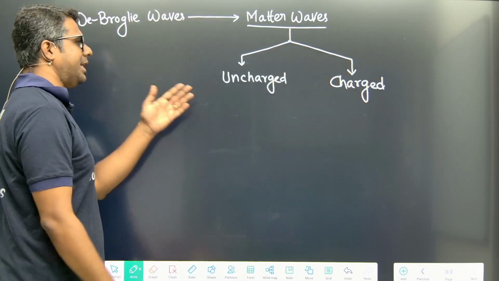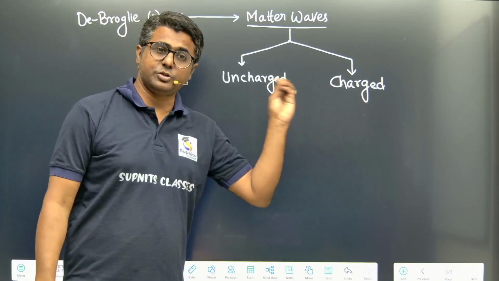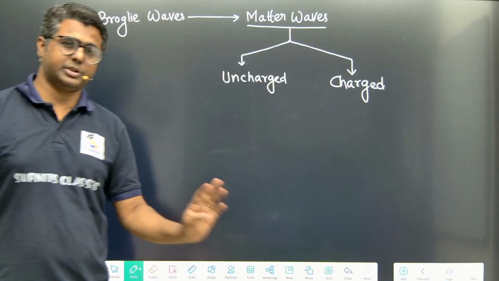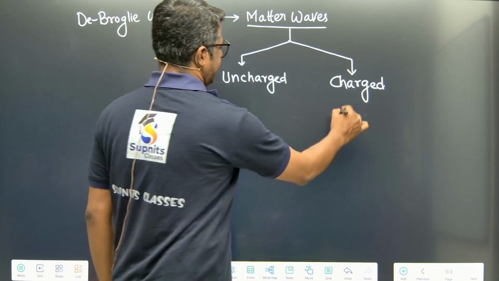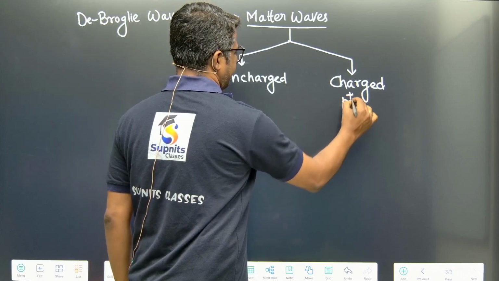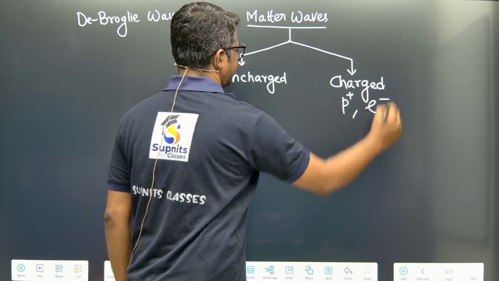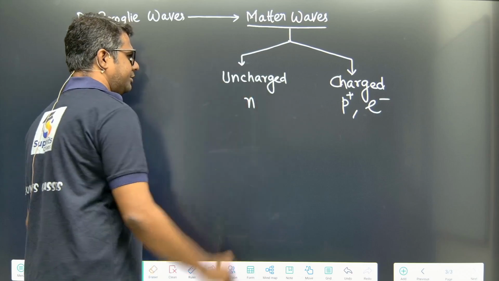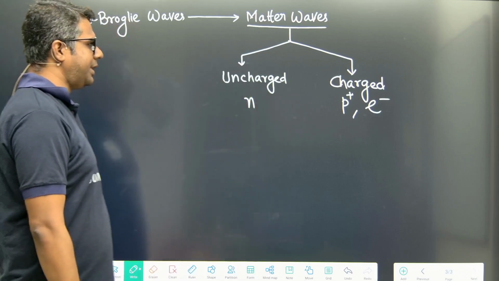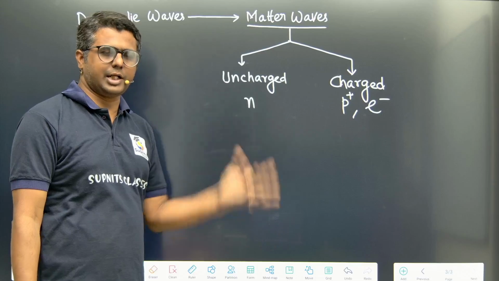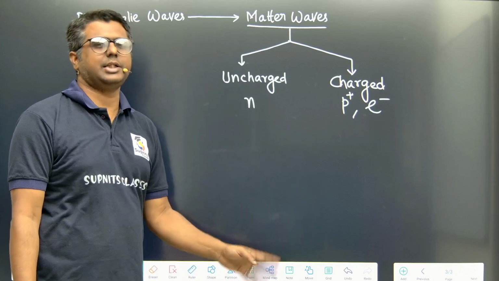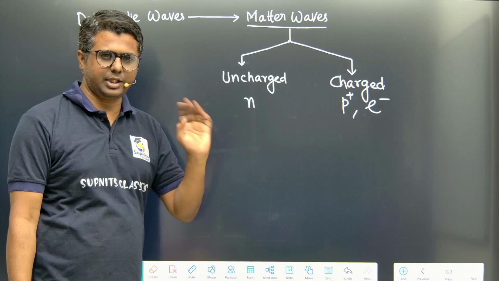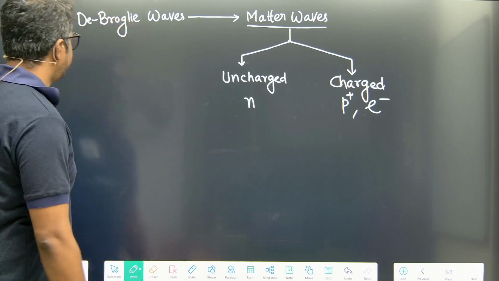Both are possible. For charge it can be proton, which has positive charge, electron, which has negative charge, and neutron, having no charge. So when you are talking about matter, it can have charge, or it can be chargeless or neutral, uncharged.